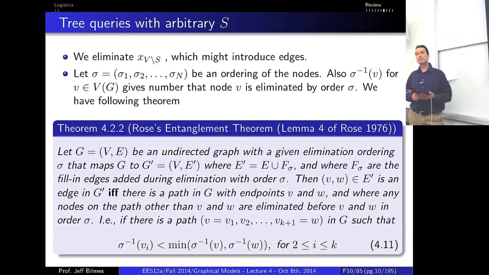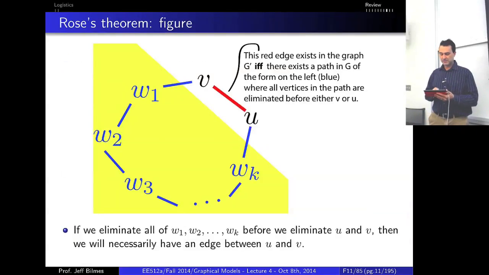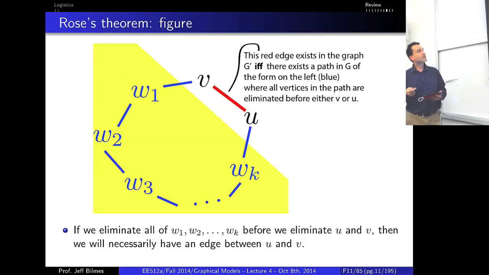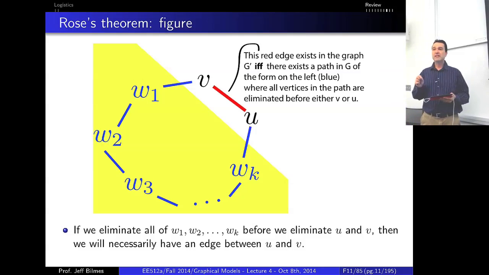And that's a consequence of Rose's entanglement theorem, which we stated last time. I thought I should have done this figure last time. But basically, Rose's entanglement theorem can be stated in the following way. So let's say you're looking at V and U. So you're looking at this edge here. Okay? Basically, what it's saying is that the red edge exists in the graph G prime.